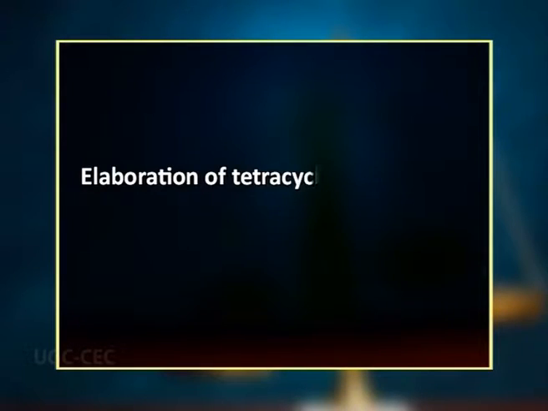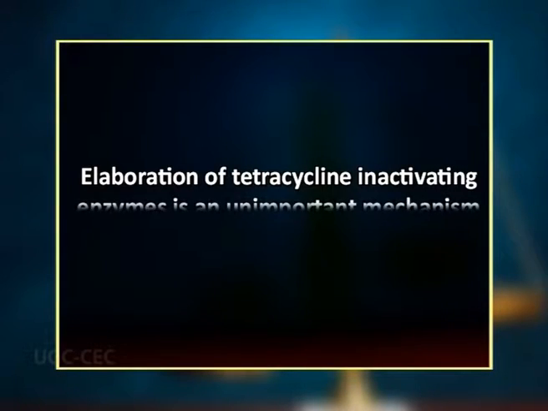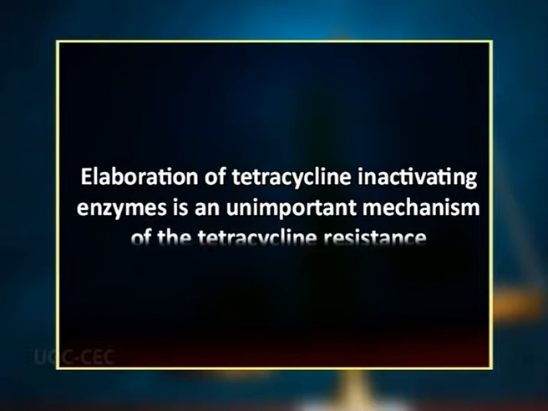Another mechanism is plasmid-mediated synthesis of a protection protein which protects the ribosomal binding site from tetracycline. Elaboration of a tetracycline inactivating enzyme is an unimportant mechanism of tetracycline resistance.